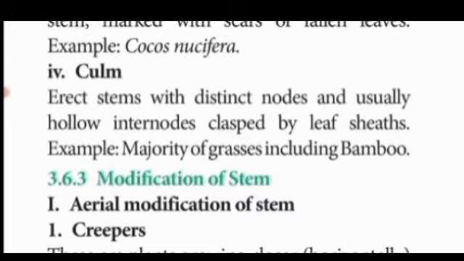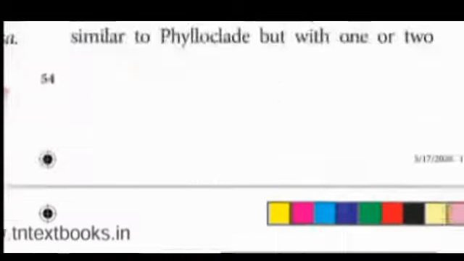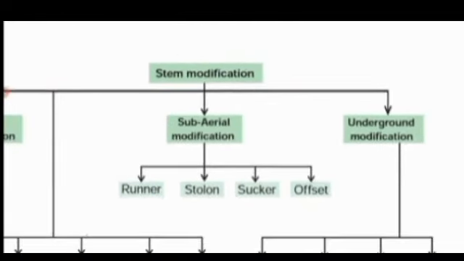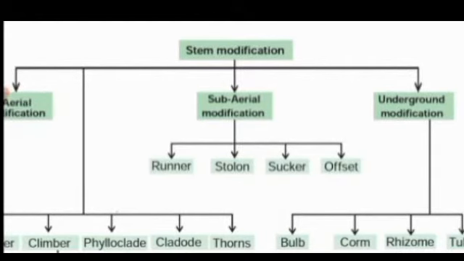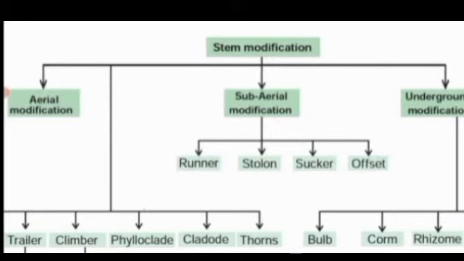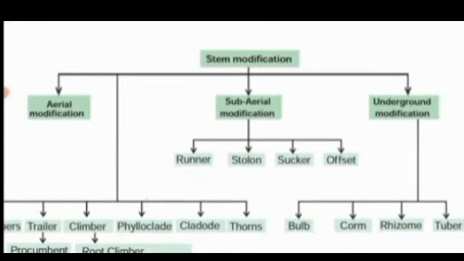The next topic is modification of stem. The stem modification is classified into three categories. One is aerial modification. Aerial means above the soil; a modification shown above the soil is called an aerial modification.